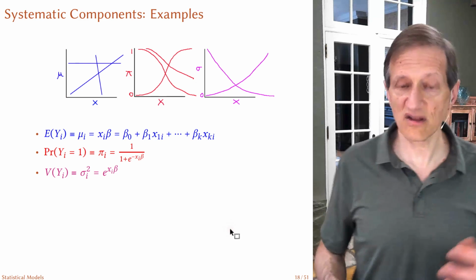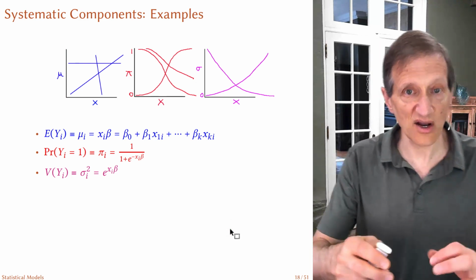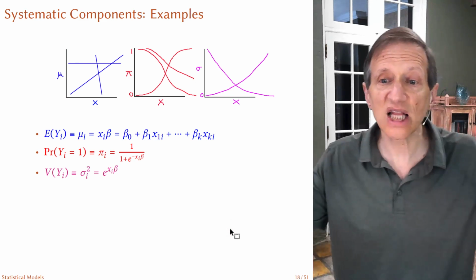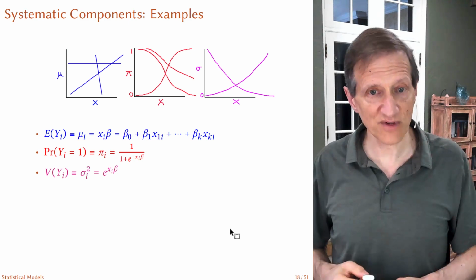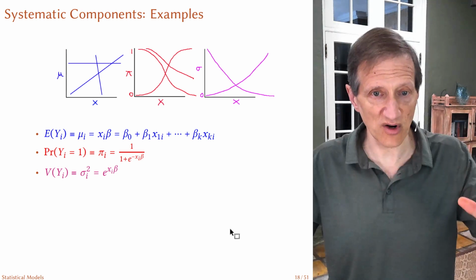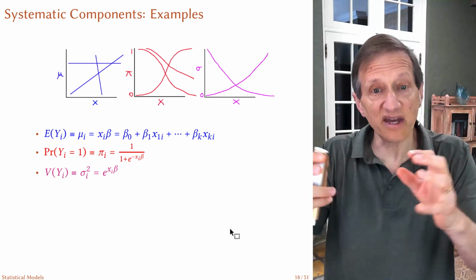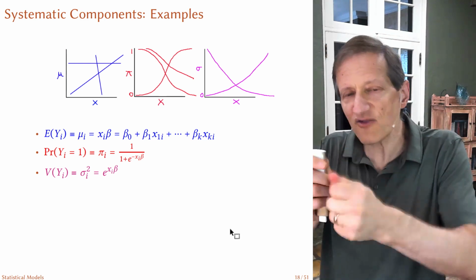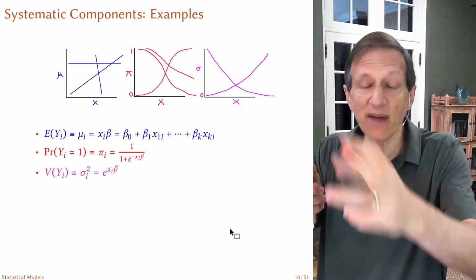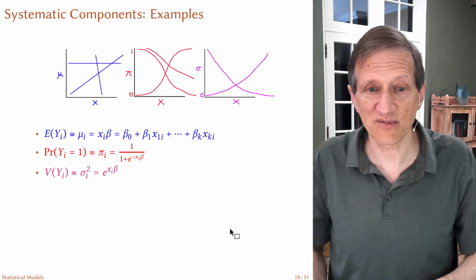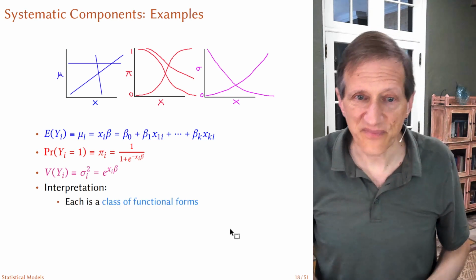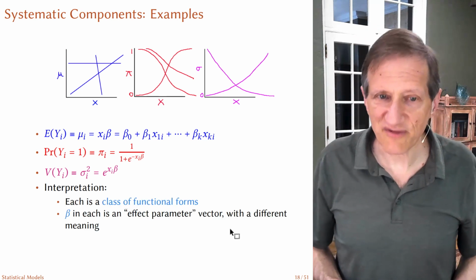So that's it. That means what we're doing here is we're identifying classes of functional forms, and the statistical method will then pick out one set of betas, which is basically a member of the class of functional forms. Okay, so each is a class of functional forms.